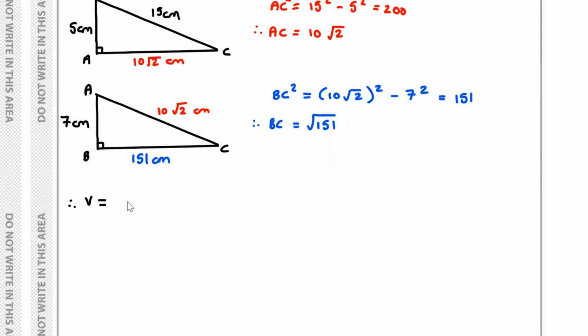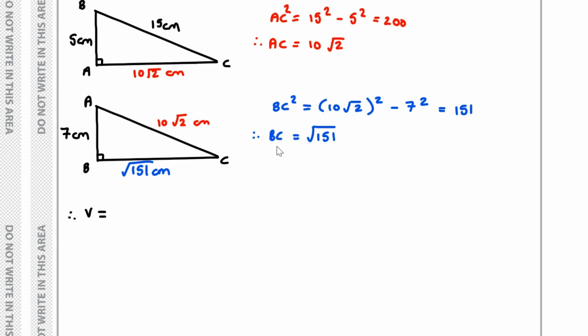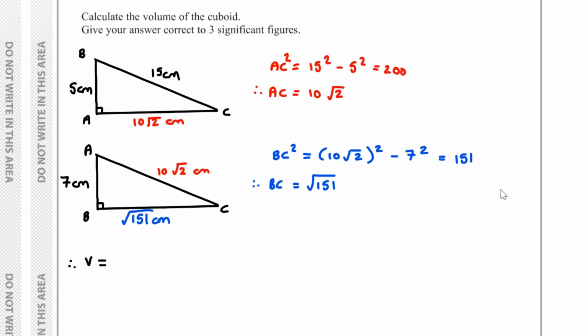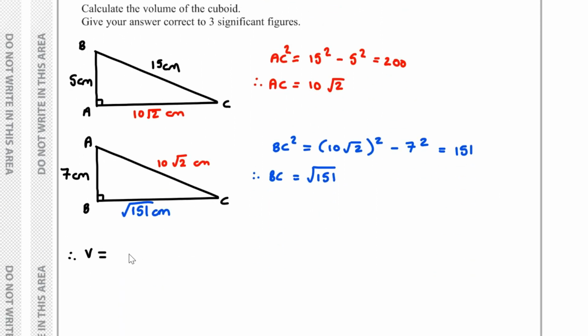So therefore, for us to calculate the volume, well, the volume will therefore equal the base times by the height. Rather, here we've got square root 151 multiplied by the 7 multiplied by the 5.